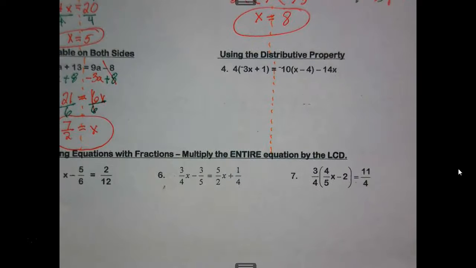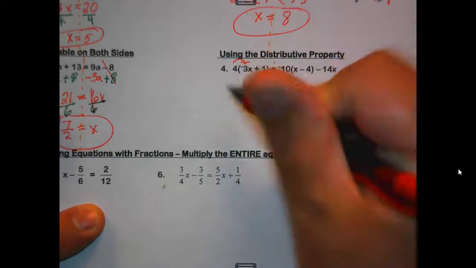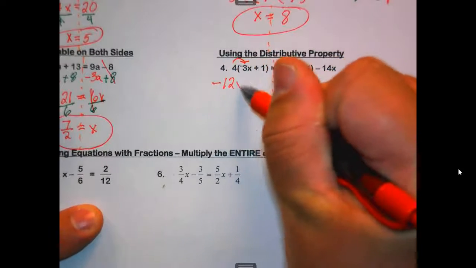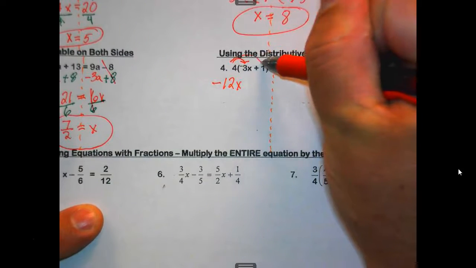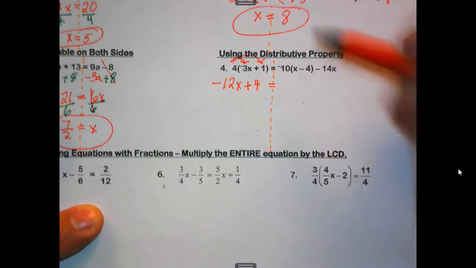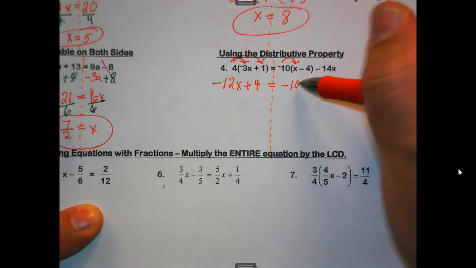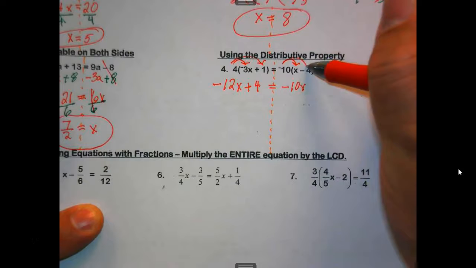So we got to distribute. 4 times negative 3x. That's right, negative 12x. 4 times 1. That's right, positive 4. Equals negative 10 times positive x. Good. Negative 10 times negative 4.